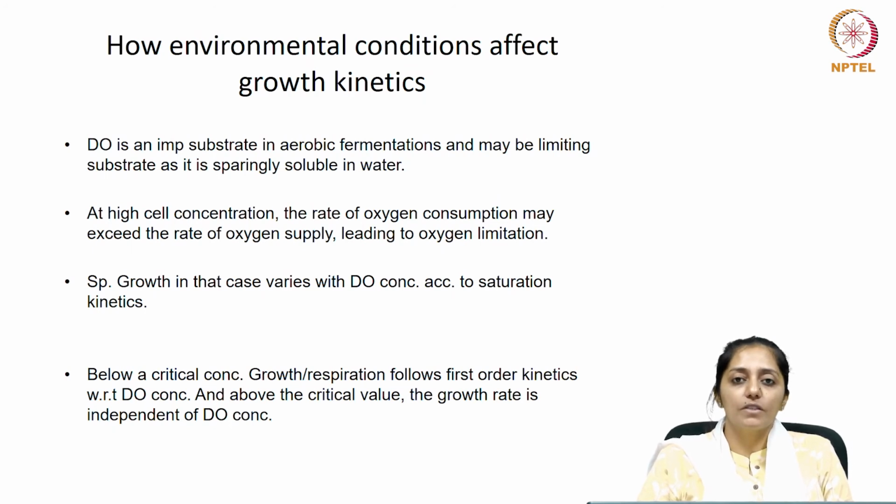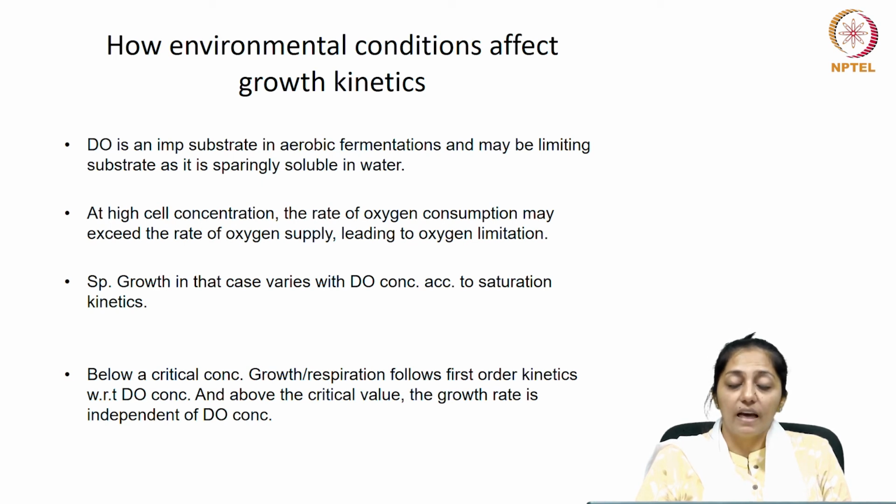Now, dissolved oxygen is an important substrate in aerobic fermentations and can become a limiting substrate as it is a sparingly soluble component in the fermentation broth. At high cell concentrations, the rate of oxygen consumption may exceed the rate of oxygen supply inside the reactor, which can then lead to oxygen limitations.